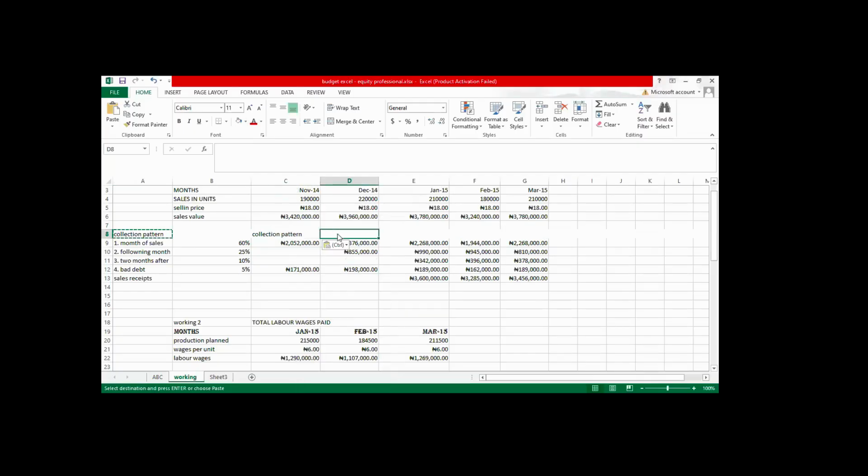Remove this pattern. They are all collections. It is the amount collected that matters under cash budget.